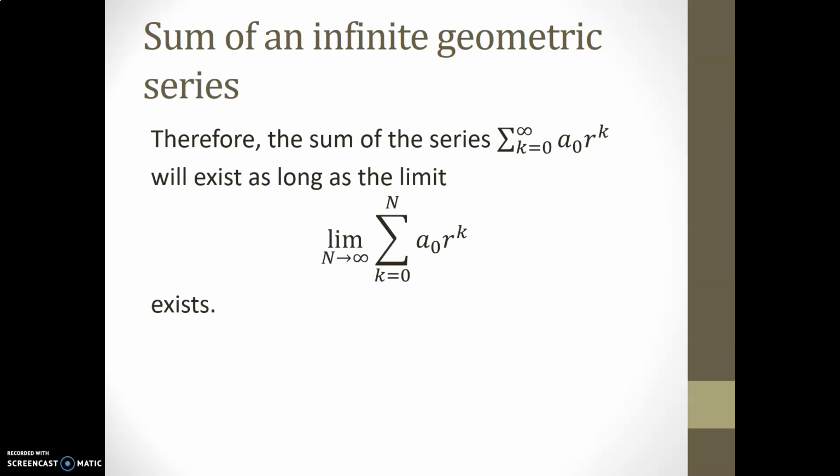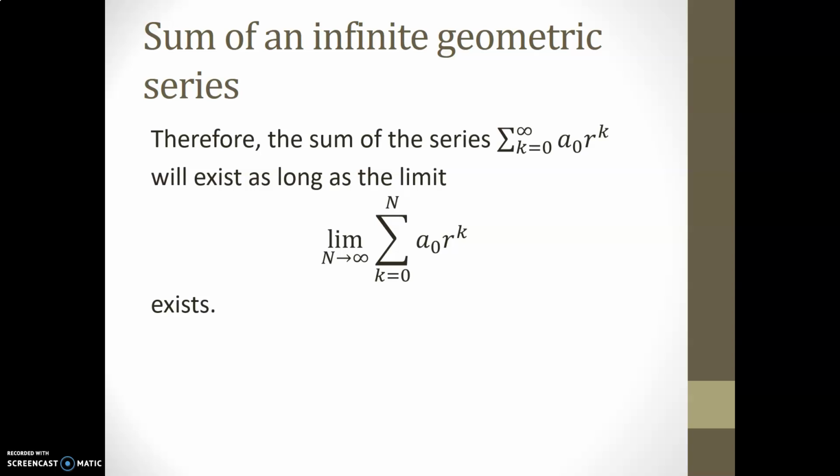So according to our theorem earlier, the sum of the infinite series, k equals 0 to infinity, a0 r to the k, will exist as long as the limit of the partial sum exists.